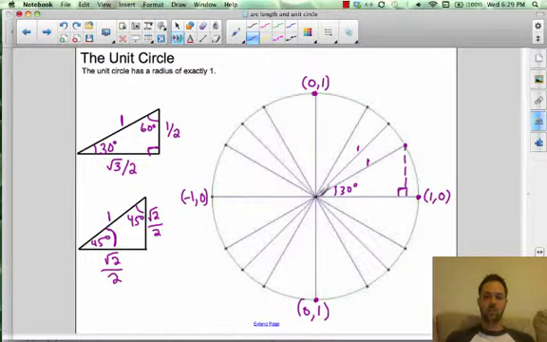And this distance from the center of the circle out to this point in the x direction is exactly √3/2. So this point has the x coordinate from the center over to here of √3/2, and it has the y coordinate from the x-axis upwards of 1/2.